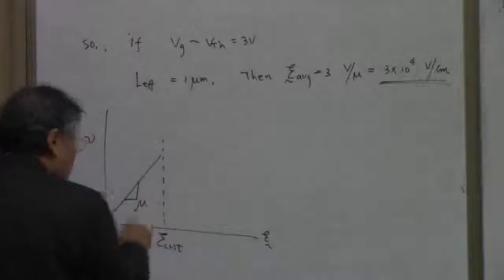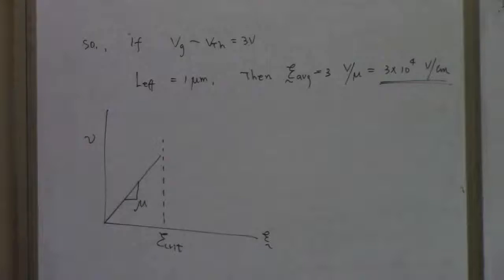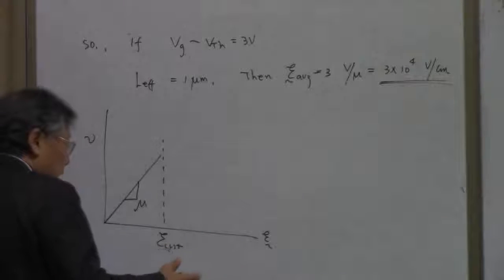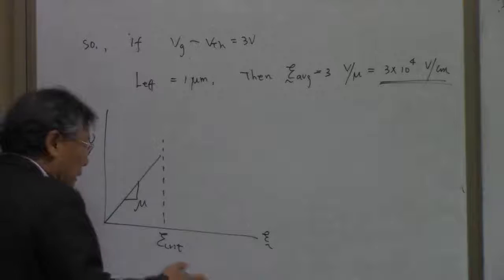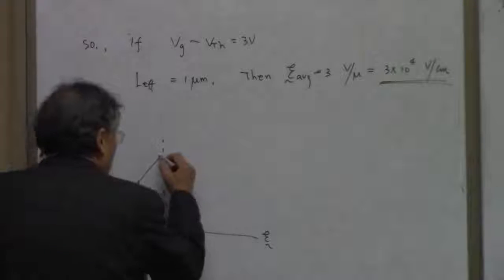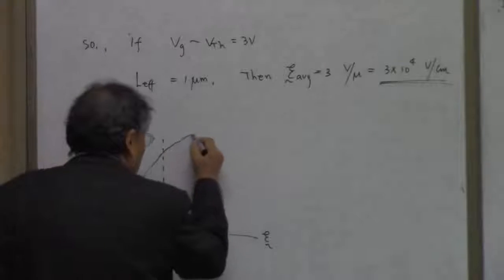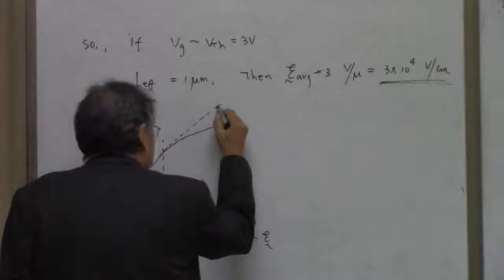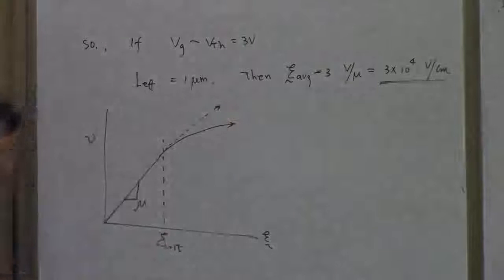And this slope corresponds to the mobility, the material constant, right? But if you enhance the electric field beyond this critical electric field, then it's going to deviate from the straight line, something like this, so that you are not going to have a constant mobility of the materials.